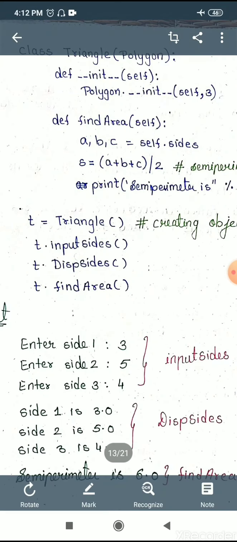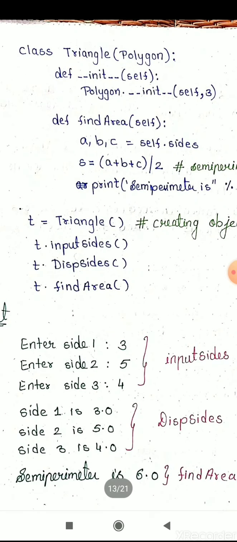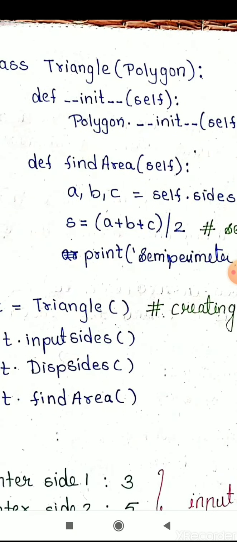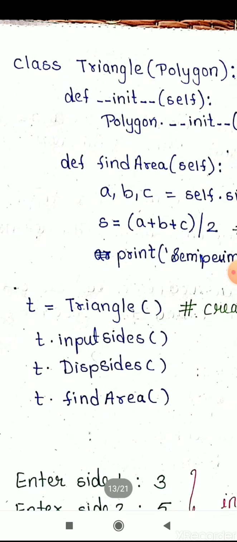Again the init method, as it is compulsory, so we are writing it. If I want my init method to be executed, that means I should be allowed to use the init method of the base class, then in this init method I should explicitly call the init method of the base class. Remember these two lines, understand this. I have declared the class triangle, in that I have passed the name of the base class.